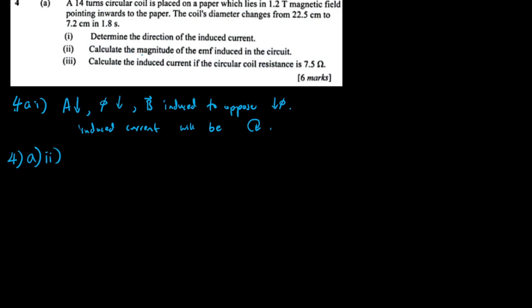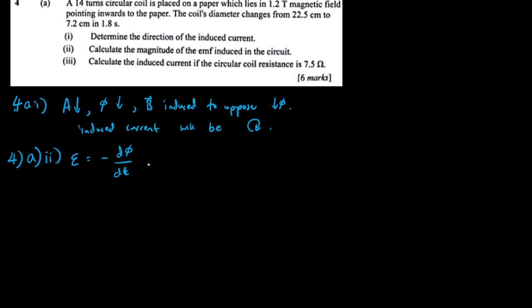For 4A2, they're looking for the magnitude of the EMF induced in the circuit. Now if we look at the equation for working out EMF, we can find that it's going to depend on the rate of change of magnetic flux, which is d phi over dt.